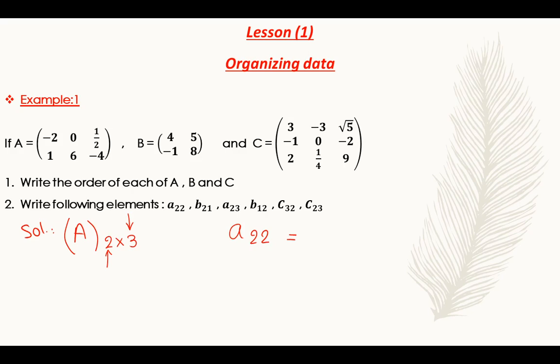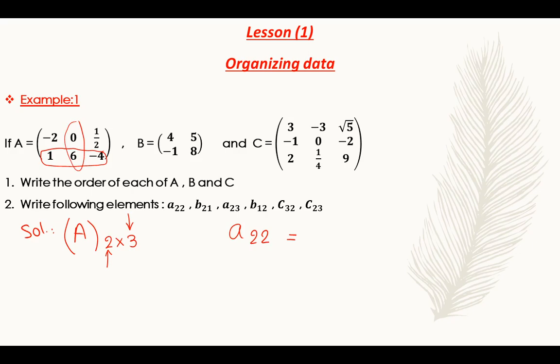Where is the second row? This is the second row. And where is the second column? This is the second column.